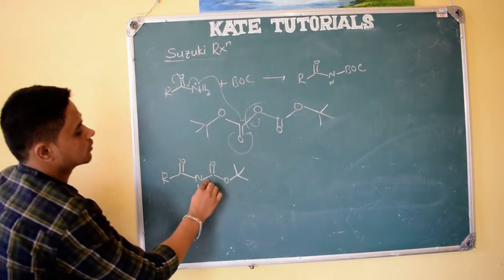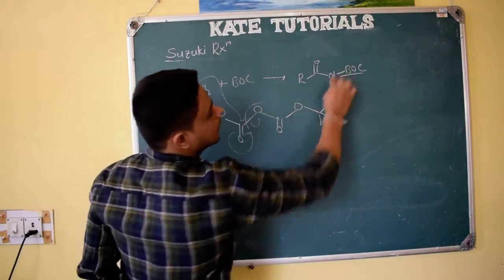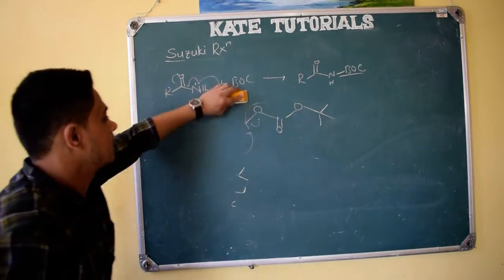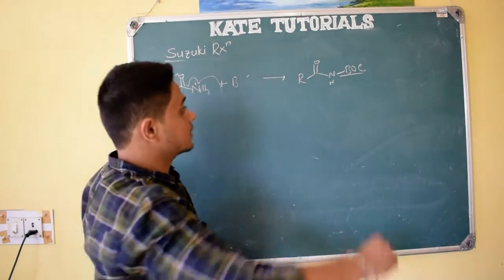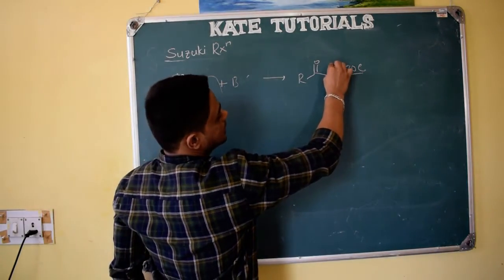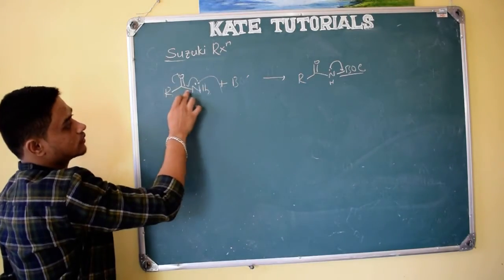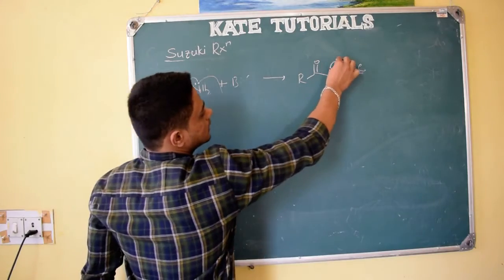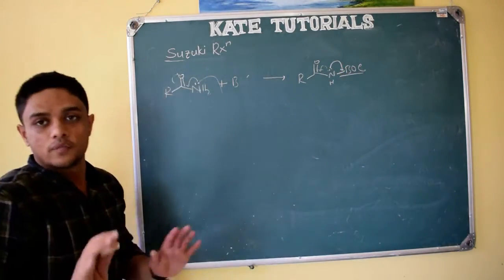Instead of writing all this structure, we simply write Boc. So he took this amide and protected this nitrogen using Boc. Because of this, in the structure of Boc, the lone pair is resonated like this also. Initially this bond was very strong because resonance was only like this, but now resonance is this way also, so this bond is weak, right?